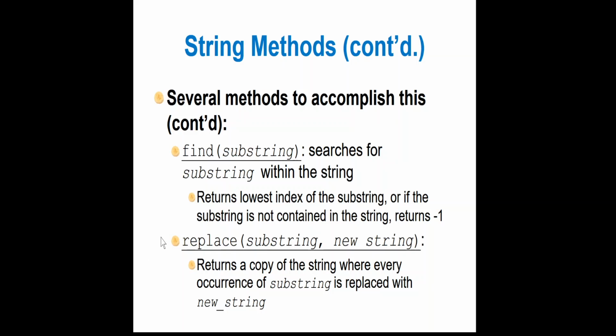So what happens? String name dot replace, and you provide a substring with a new string. For example, if you are looking for a certain name and you want to replace it by, let's say, a hash code, you want to remove someone's name from a document or from a string, because you can copy all the contents of a file, as we explained before, and place it in a string or actually in a list.